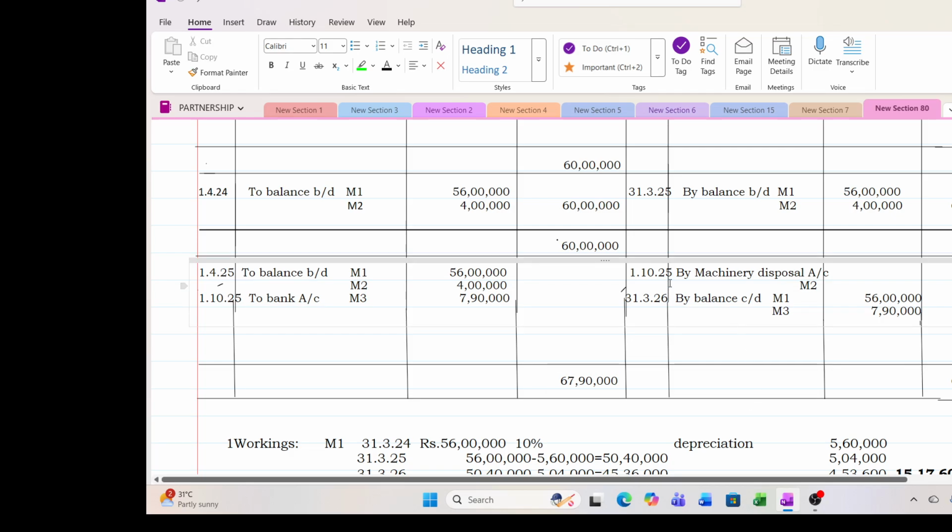Now on 1/10/25, we have to provide depreciation for this particular machine, and on 31/3/26, we have to provide depreciation for the remaining machines, that is M1 and the machinery purchased on 1/10/25, M3, up to 31/3/26.